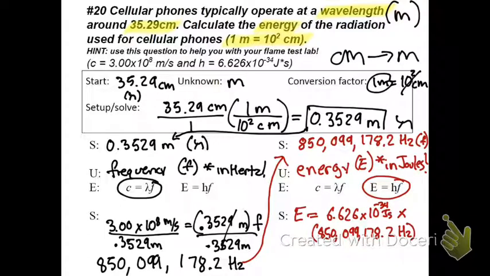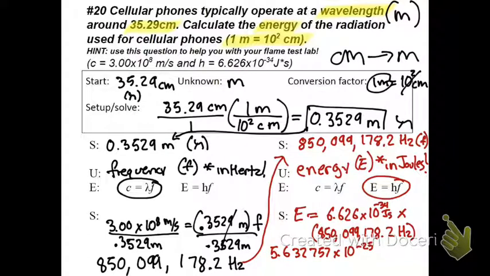Multiply those two values together, and the raw number that you get is 5.632757 times 10 to the negative 25th.